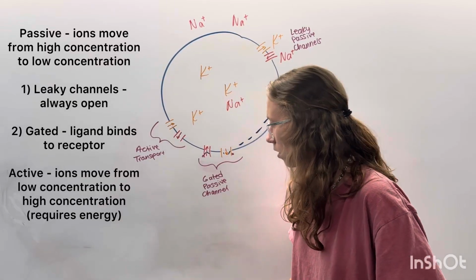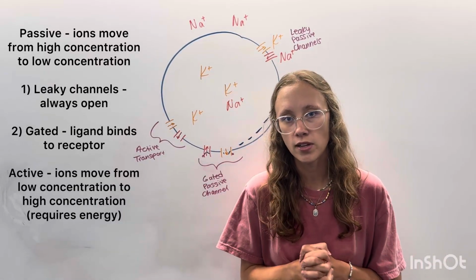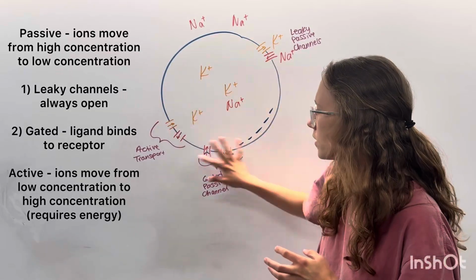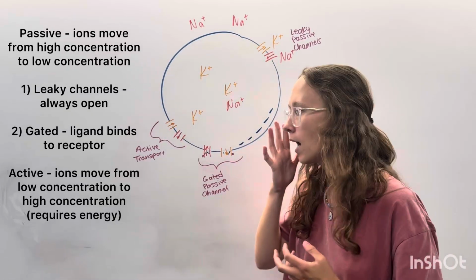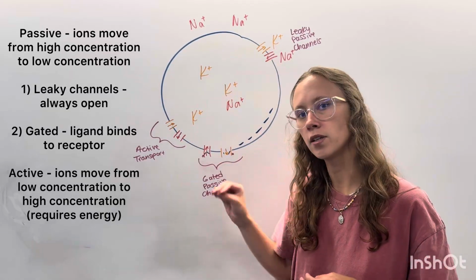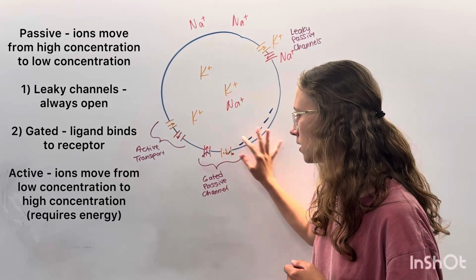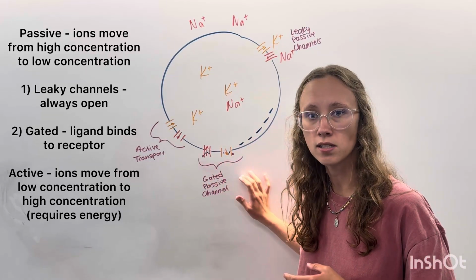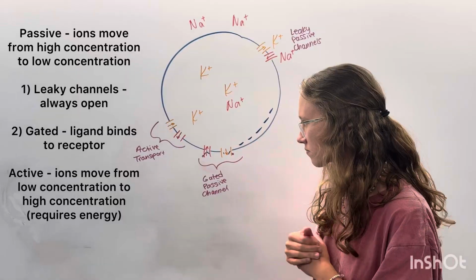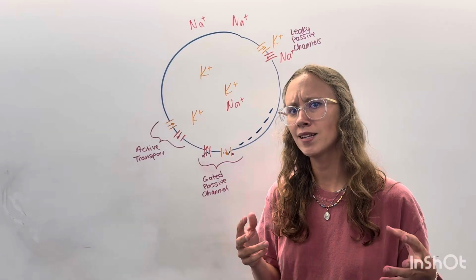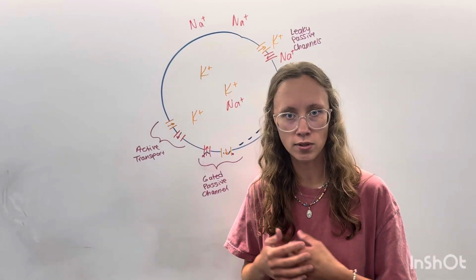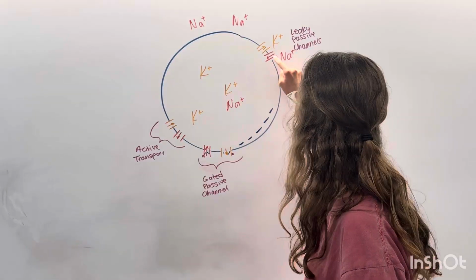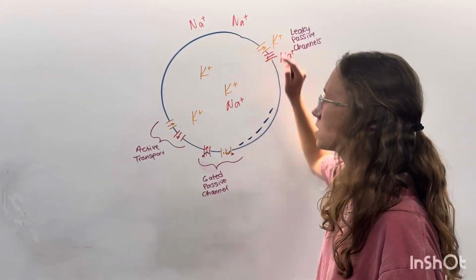So again, with the millivolts of negative 70 being our resting, all three of these are going to be playing a role. However, with our changes in millivoltage with the action potential, it's really due to the fact that these gated channels are opening and closing. But you may be asking, Caitlin, how is our resting membrane potential negative 70 when we have a positive ion coming in and a positive going out?